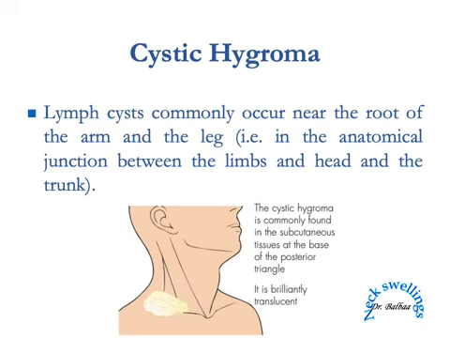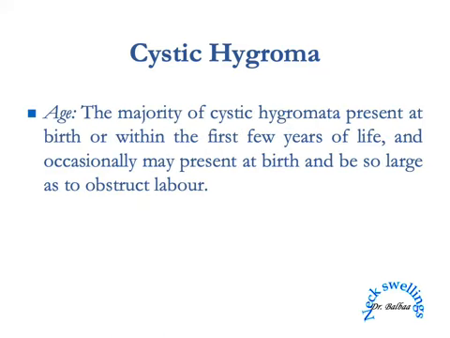The symptoms may appear early in life, and it may also be so large that sometimes it may obstruct labor, so that normal labor cannot continue and the patient will go into cesarean as well.